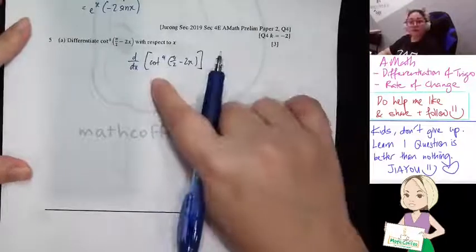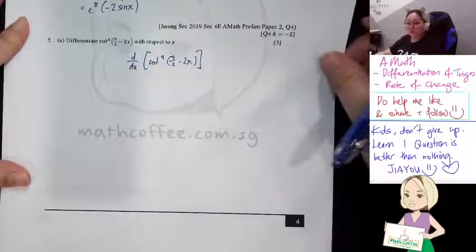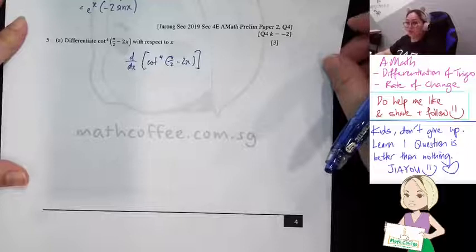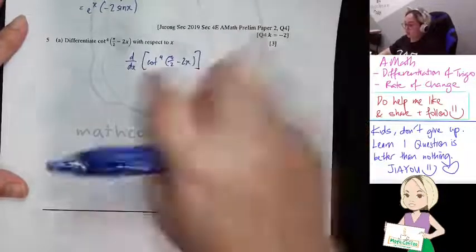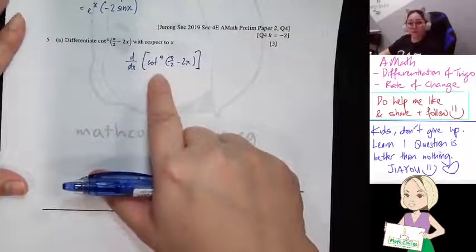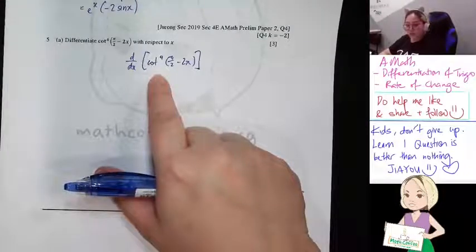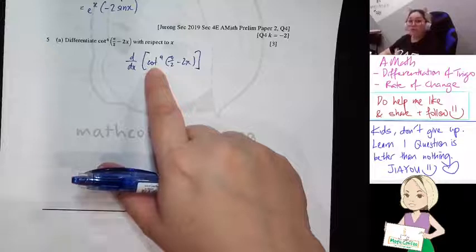Okay, so how are we going to differentiate cotangent 4? This is Express A-Math. So what we're going to do is change them to be in terms of tangent. We know that cotangent is 1 over tangent.